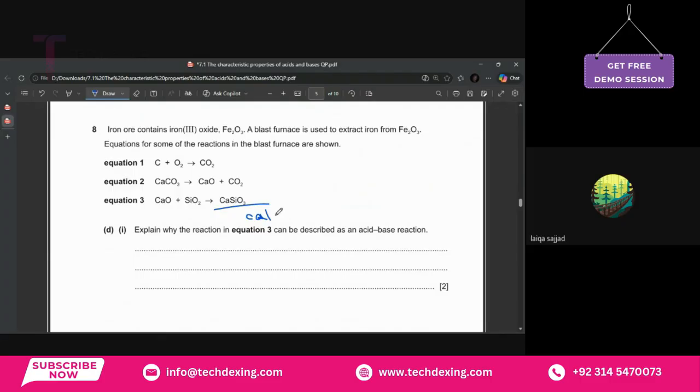Very good, excellent. Calcium oxide is a basic oxide because it is a metal oxide, and silicon dioxide is an acidic oxide because it is a non-metallic oxide.